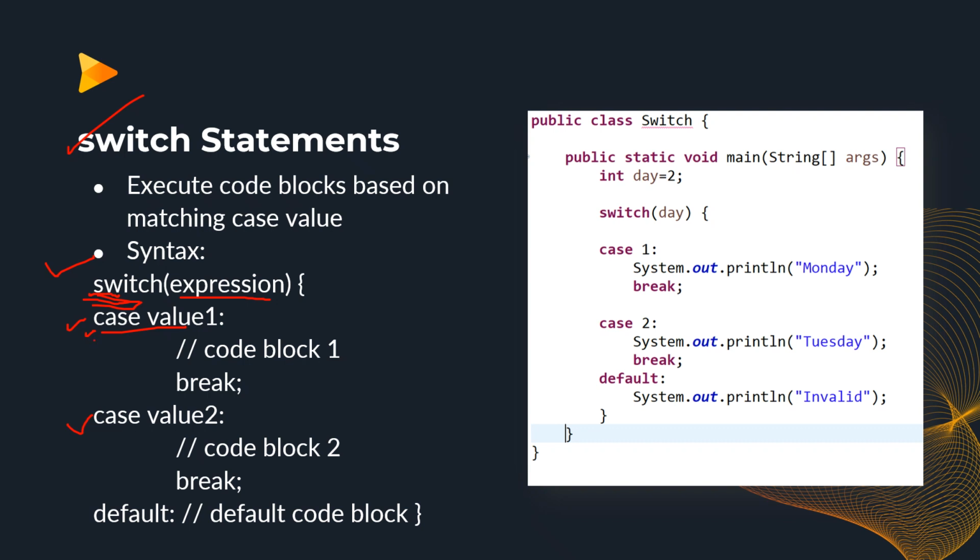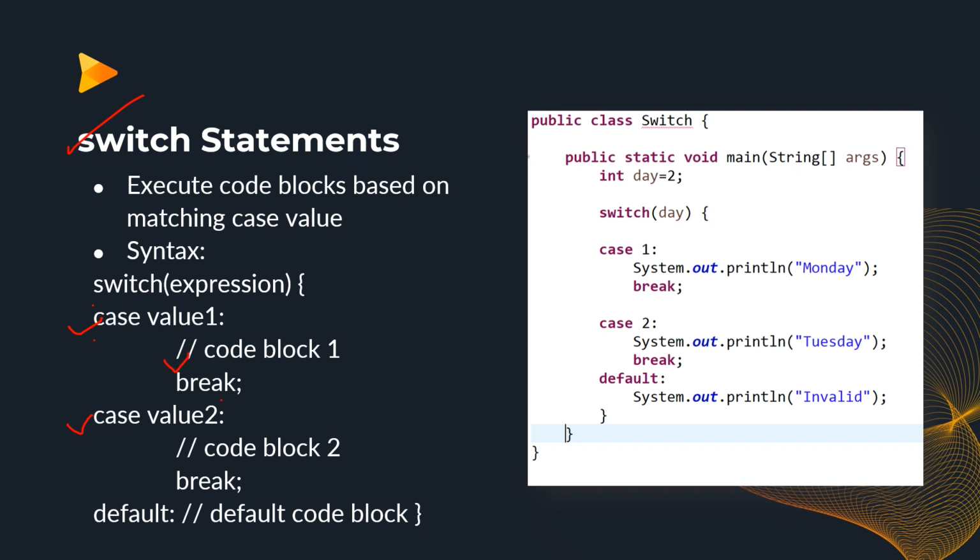Whenever we use case, we check the value of that, and we give a sample value, and whenever that value is matched with the expression, it will execute this block of code. Whenever the case one value is matched with the expression, it will perform this code.